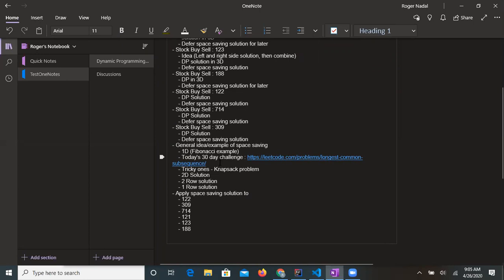In fact, today's Leetcode challenge, we can apply that space saving approach there too. Then there is a knapsack problem where you will see a 2D solution, then a 2-row solution, and then how to do a 1-row solution.